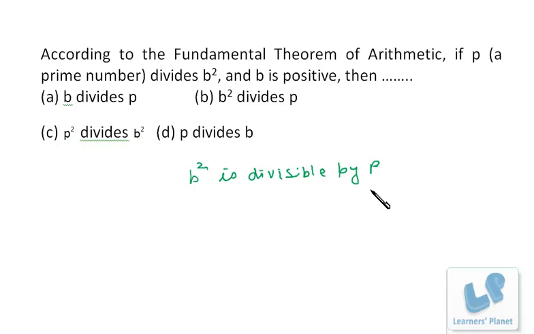So if B square is divisible by P, then according to the fundamental theorem of arithmetic, B should be divisible by P, or we can say P divides B also, right? So P divides B, right? For the other options, we cannot be so sure. B square divides P, we cannot be sure, because P divides B square, not B square divides P, right? So this is the only option that's correct, right?